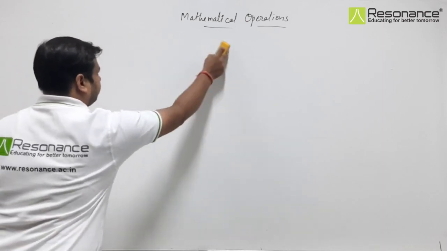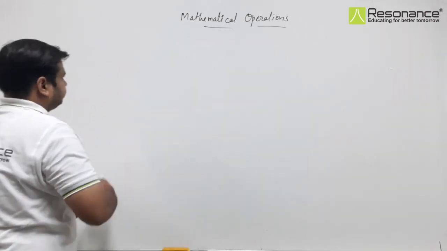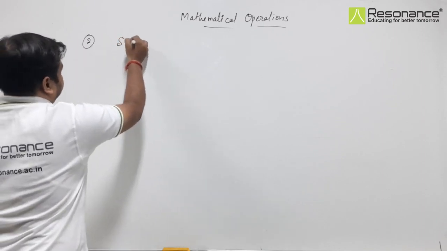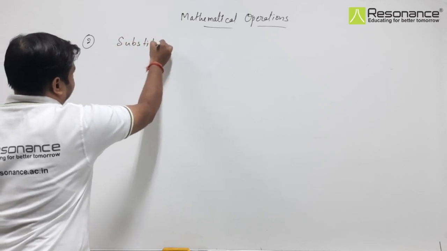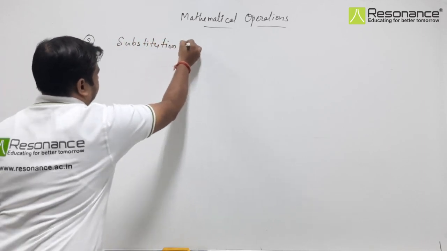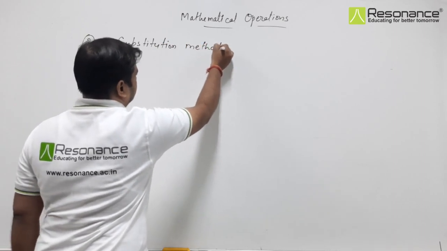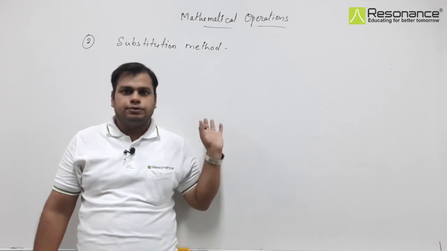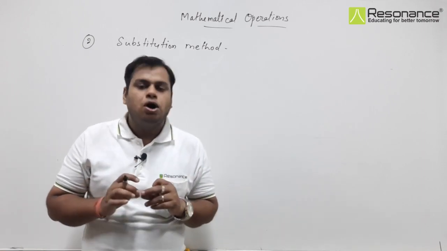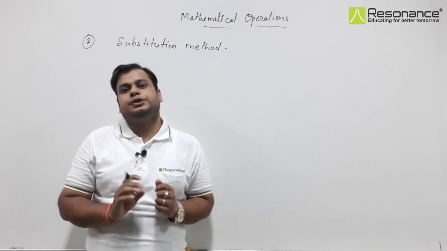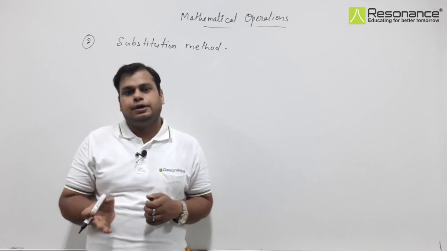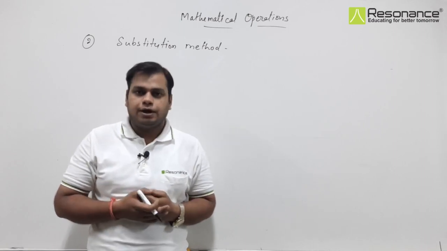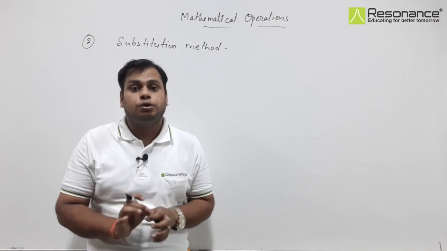Now coming to the second topic, which is also important, substitution method. Now what is substitution method? We have to follow the Bodmas rule here also. In any kind of mathematical equation, anywhere, you have to follow the Bodmas rule.